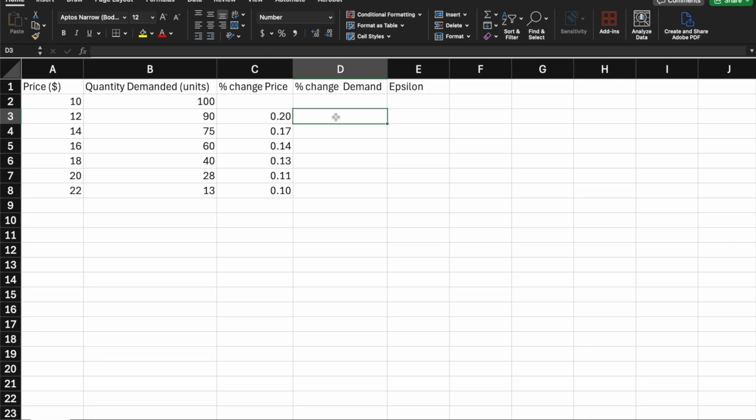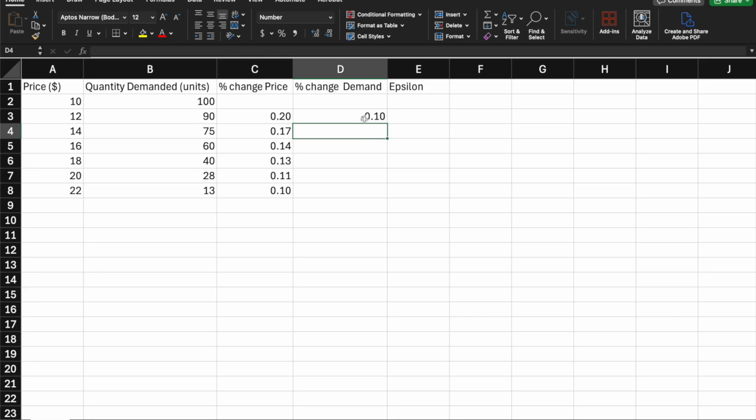We want to do the exact same thing for demand. Okay, so we go new minus old, put parentheses, divided by old. Now you'll see that this is negative, suggesting that it goes down.